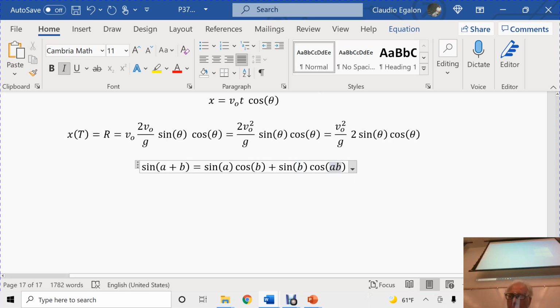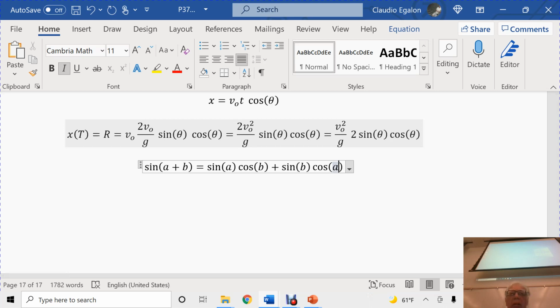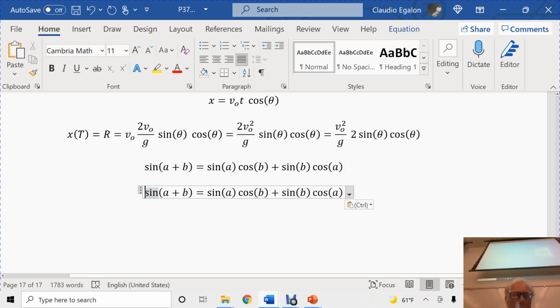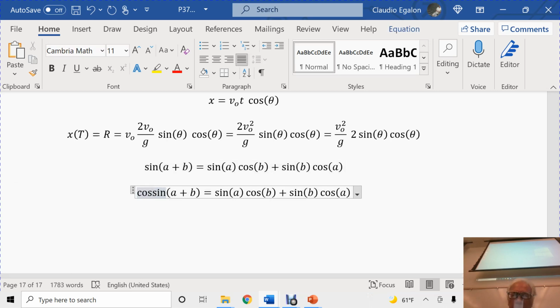For the special case in which A is equal to B, this reduces to 2 sine of the angle times the cosine of the angle. That's the special relation that you have to remember. If you had cosine of A plus B, it would be slightly different. It's easy to memorize. Just remember that the cosine is more important than the sine in the trigonometric relations.